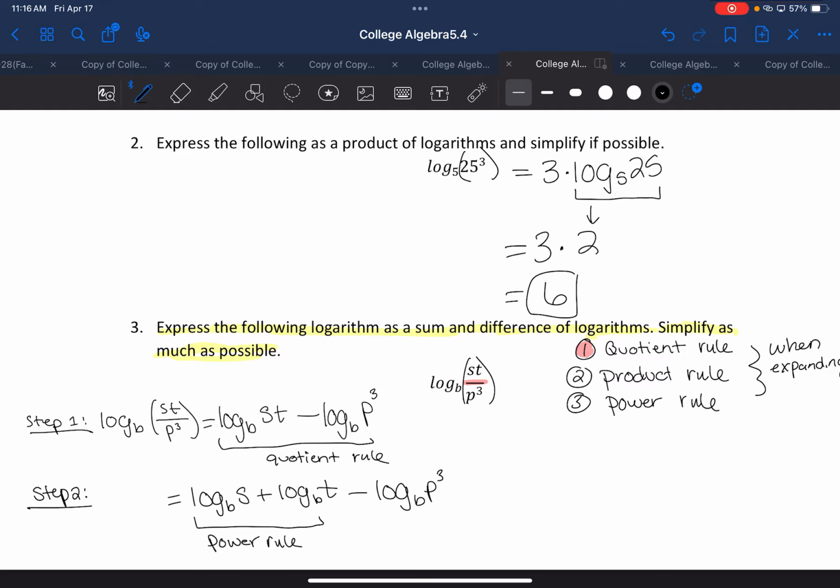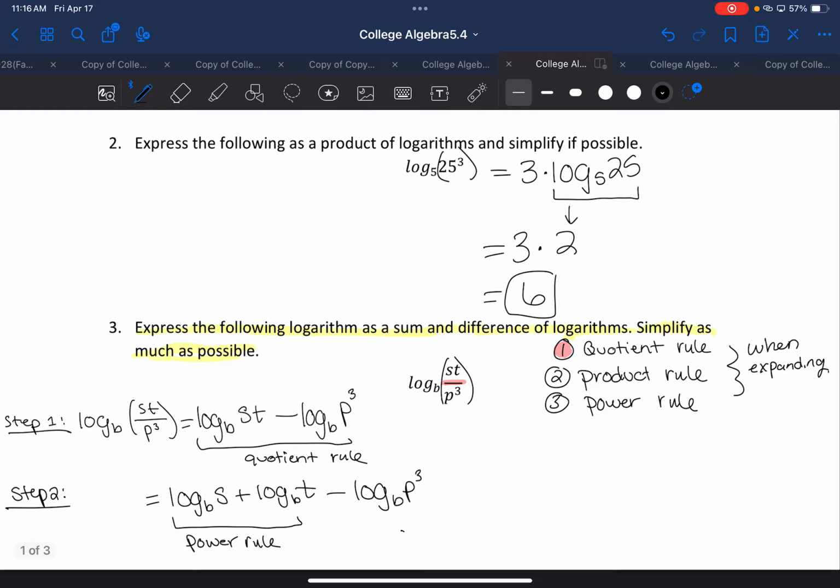So now there's nothing else being multiplied inside my logs. There's nothing else being divided. The only other thing I need to do is the power rule, because I do have an exponent. So step 3 will become log base b of s plus log base b of t. That's not changing. But the last term here will become minus 3 times log base b of p, because I pulled that exponent out front.